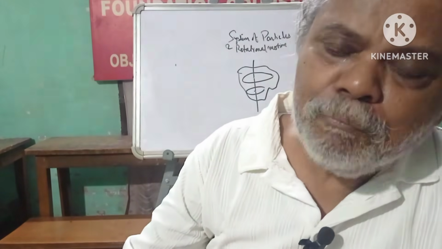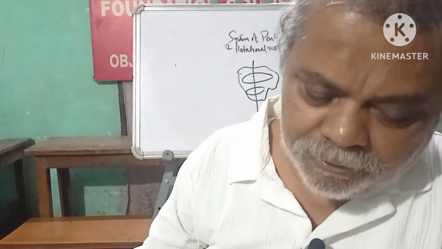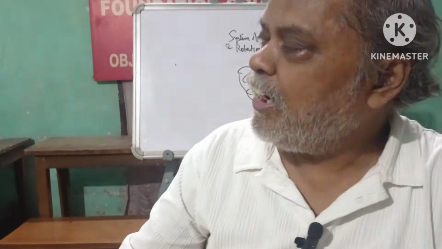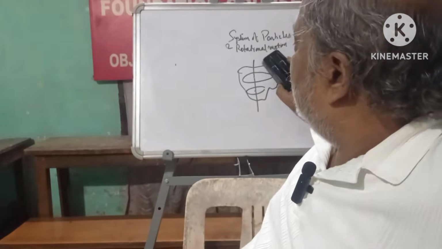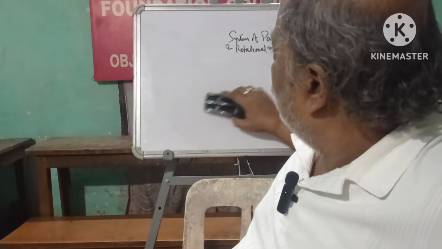Now, an important line has been told here. Rotational motion does not apply to a particle. Only the condition for translational equilibrium applies to a particle. Rotational motion is not applied to a single particle. Why? Because a particle is a point and it has no mass, size, or shape.